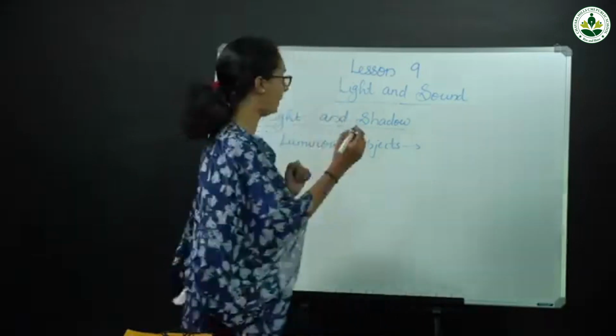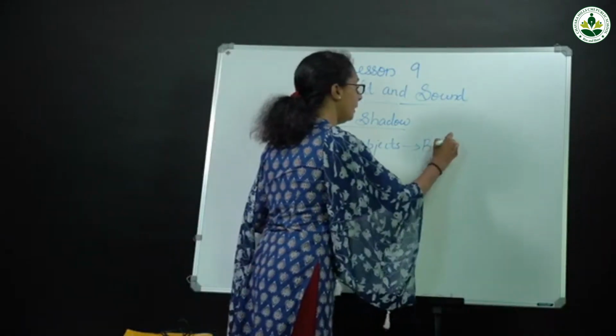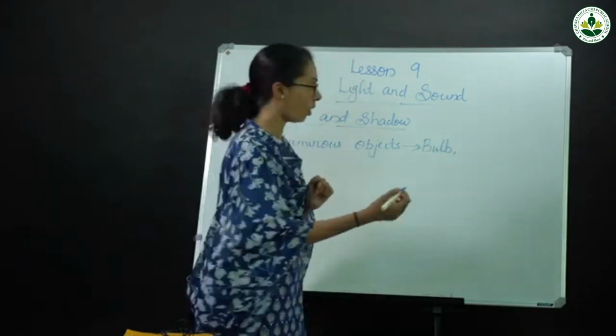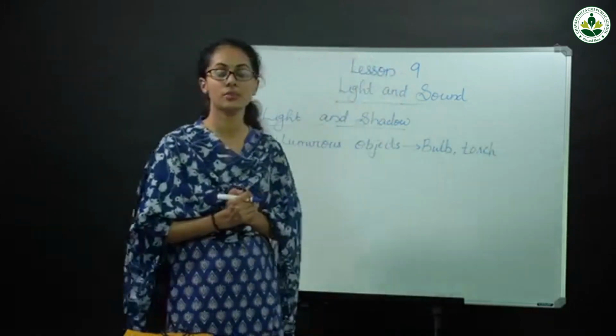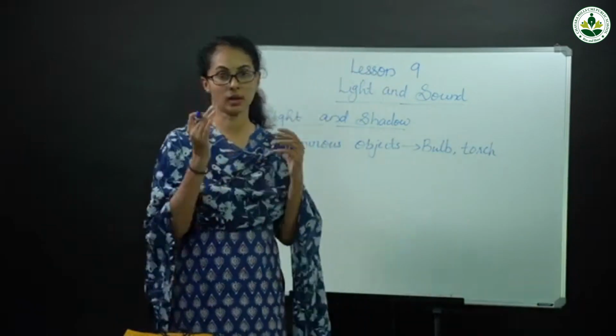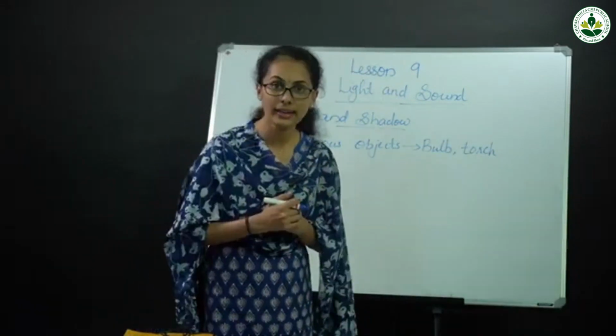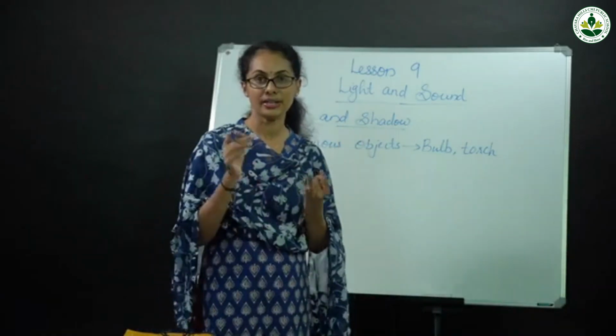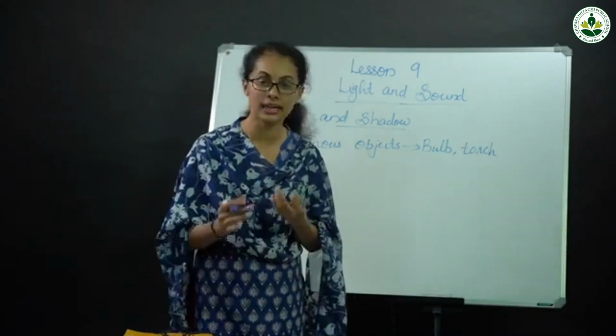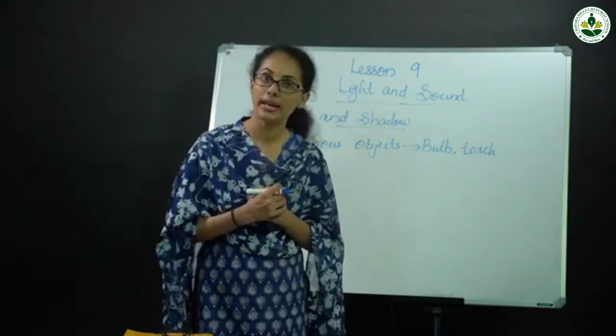For example, bulb, candle, torch. These are some examples of luminous objects.